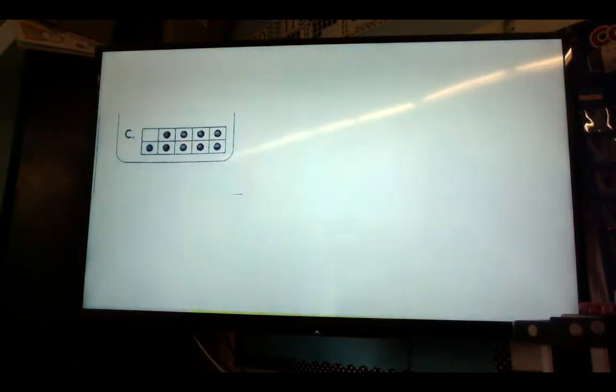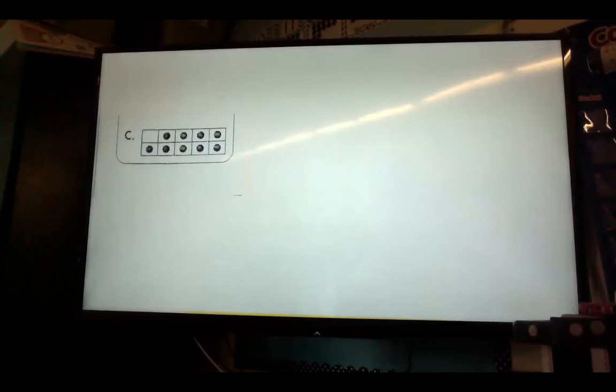All right, here's our last 10 frame. How many dots do you see? How do you see these dots?